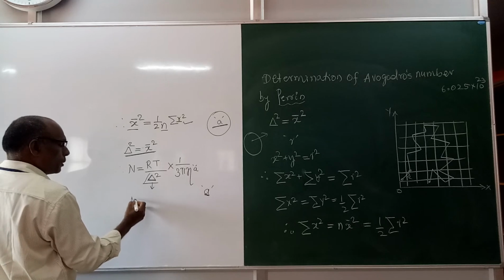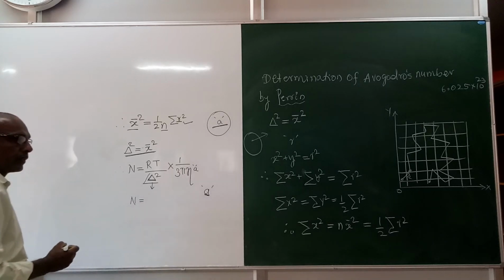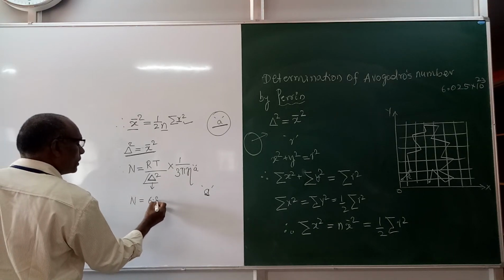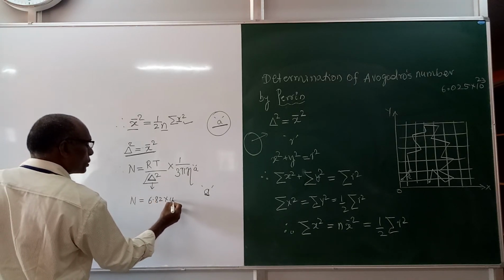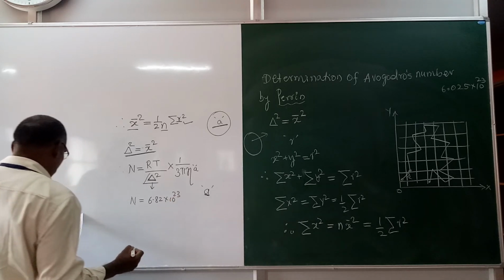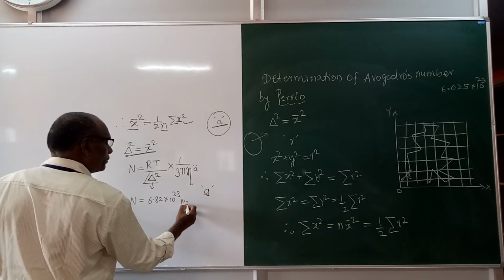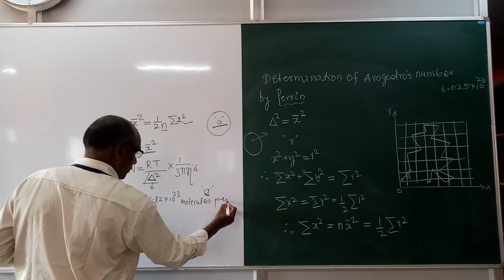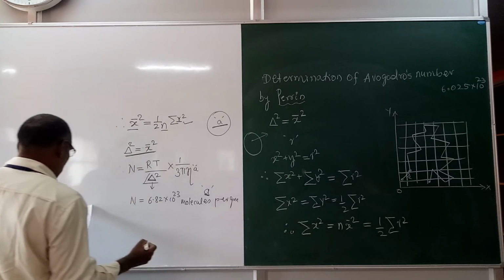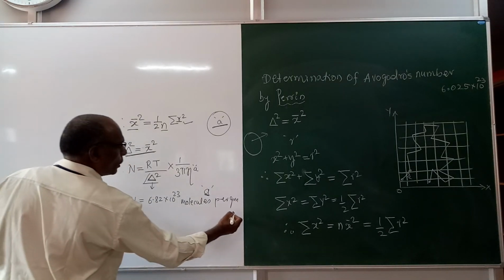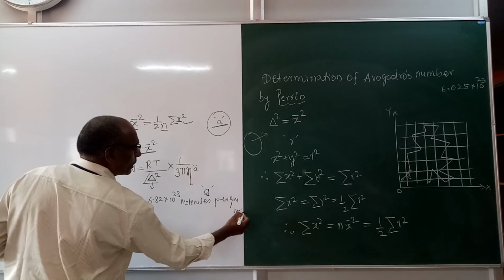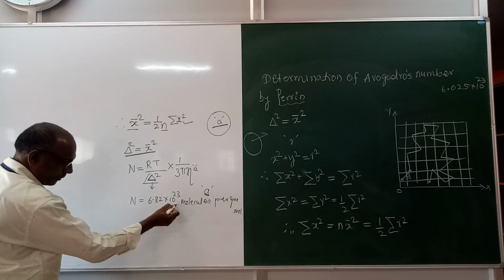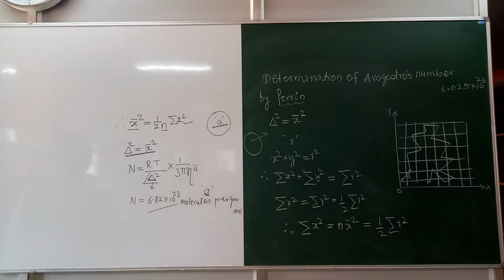He got the Avogadro number, with the value 6.82 into 10 raised to 23 molecules per gram mole.